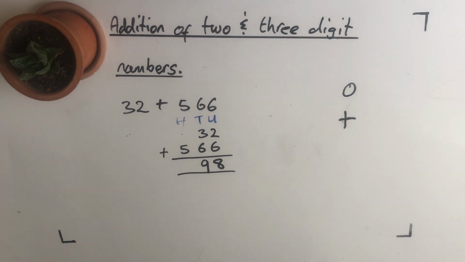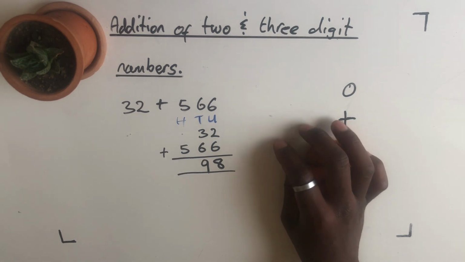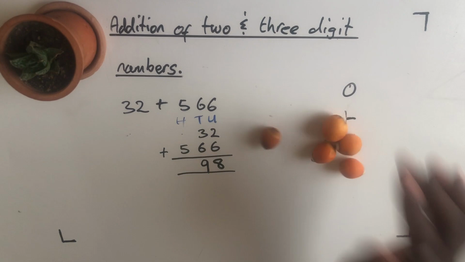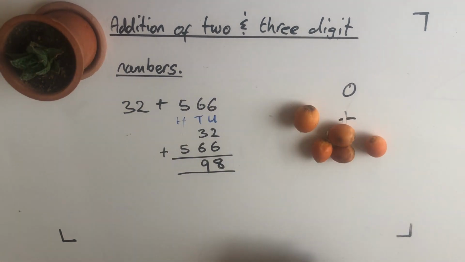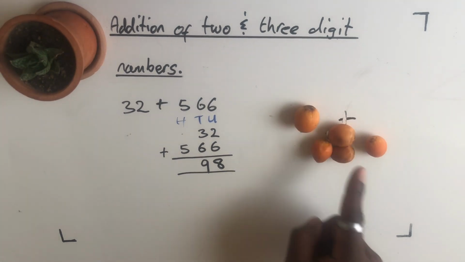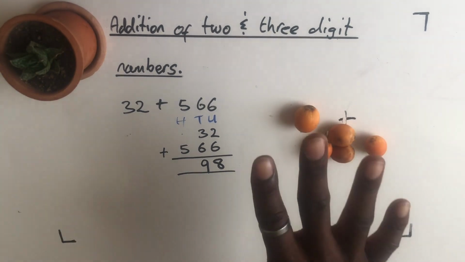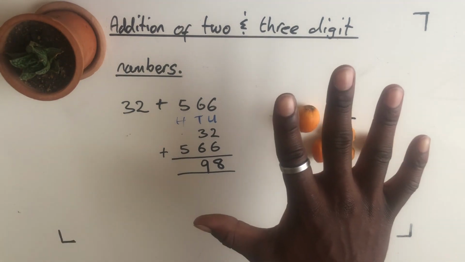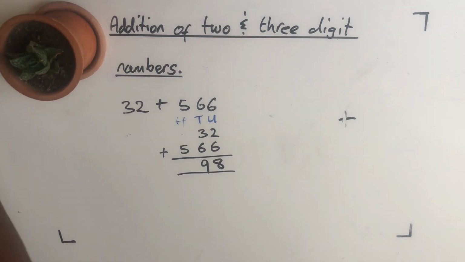Okay, so 0 plus 5 gives me 1, 2, 3, 4, 5, because 5 plus 0 is 5. Okay? So I put my 5 there. And the answer is 598. Okay?